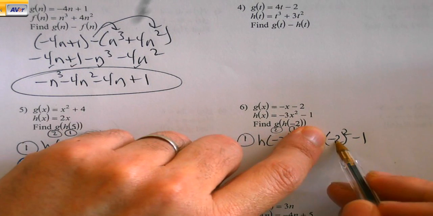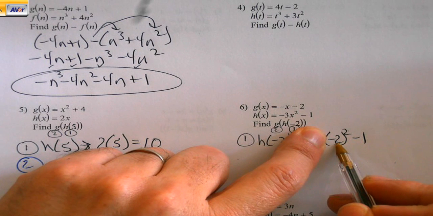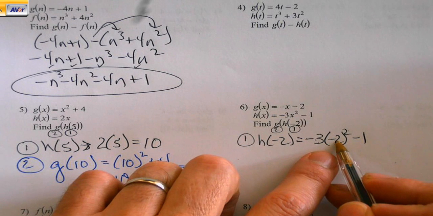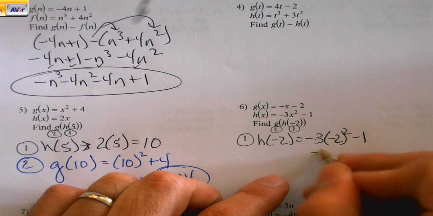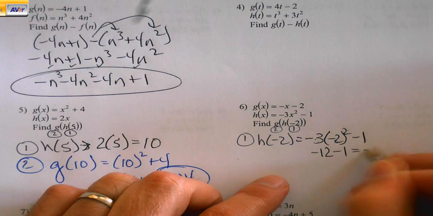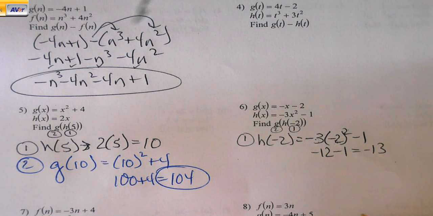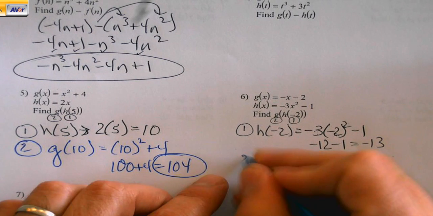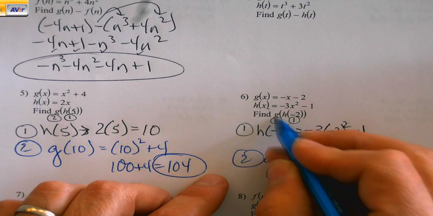You're squaring the -2. Negative times negative is a positive 4. Positive 4 times -3 is -12. Minus 1 is -13.